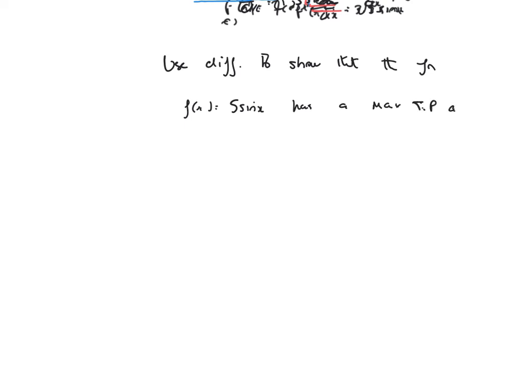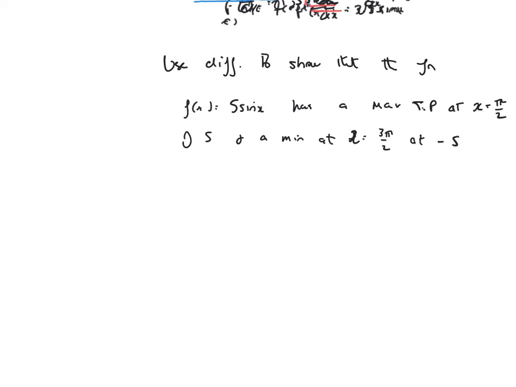Okay, next question is as follows. We're going to use differentiation to show that the function f of x equals 5 sin x has a maximum turning point at x equals pi over 2, of 5, and a minimum at x equals 3 pi over 2, at minus 5.